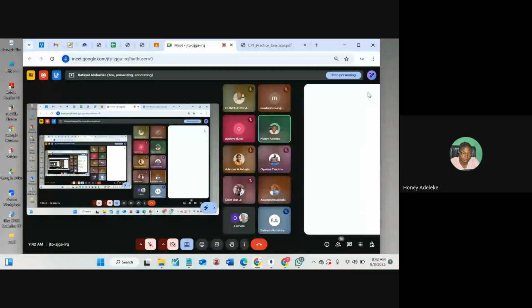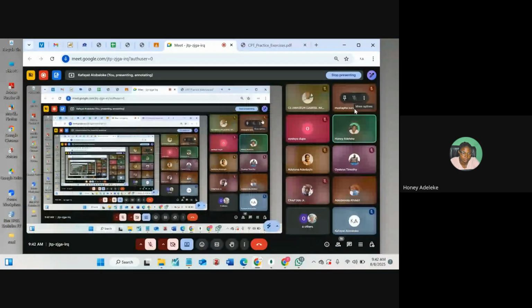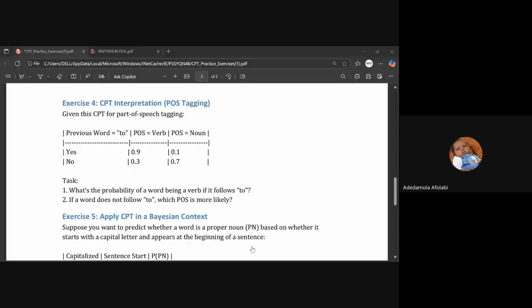Ms. Kapaya, can you please stop sharing? Okay, all right, because our time is fast spent, we'll quickly move to exercise 4.